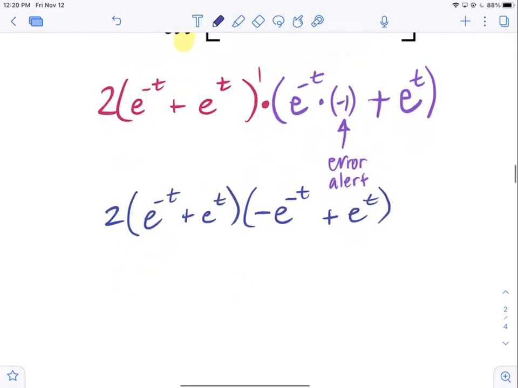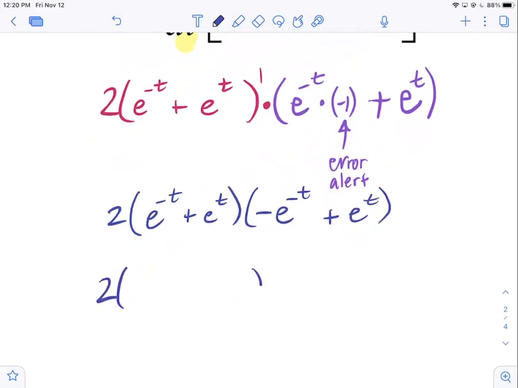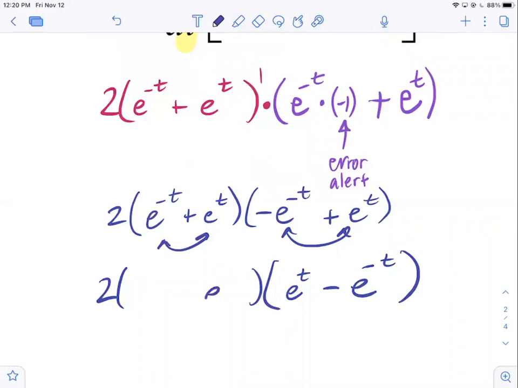Not I. So what would probably happen then is in that second term, we would commute those and call it e to the t minus e to the negative t. Now, in the first term, we might also commute those, although it doesn't really bury a negative sign. It does kind of make the two terms coincide with each other.